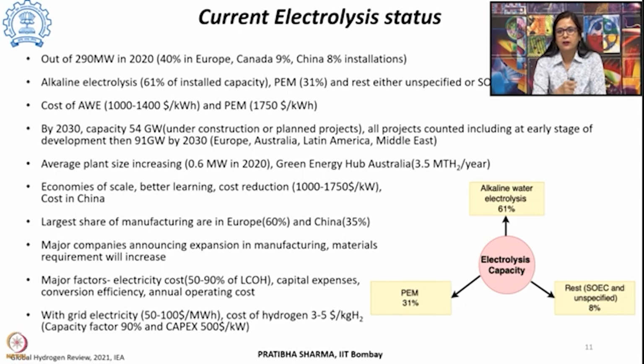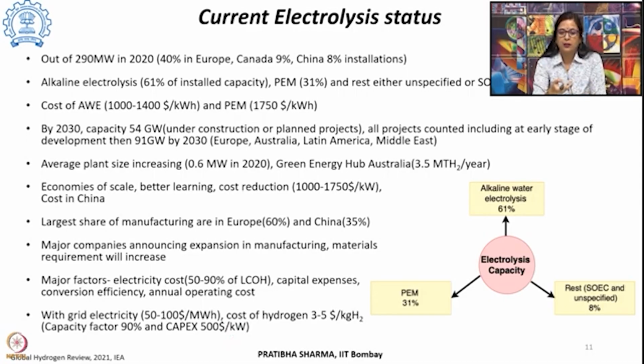We know that with grid electricity, considering the electricity price being $50 to $100 per megawatt hour, this may not reduce the cost of hydrogen, and the cost of hydrogen will be roughly between $3 to $5 per kg of hydrogen being produced, considering a capacity factor of 90% and capex as low as say $500 per kilowatt.